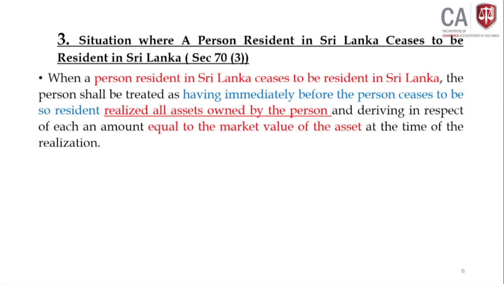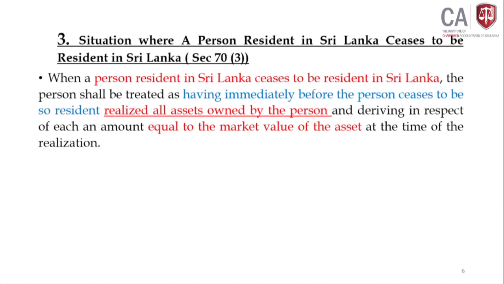In that sense, it's a deeming provision: realize all assets owned by the person and derive in respect of each an amount equal to the market value of the asset at the time of the realization. Gain is consideration minus cost: the market value immediately before the person ceases the residentship, then market value minus cost is considered as the gain.